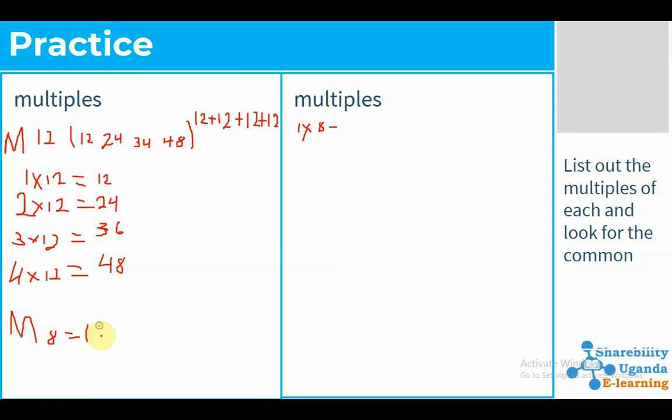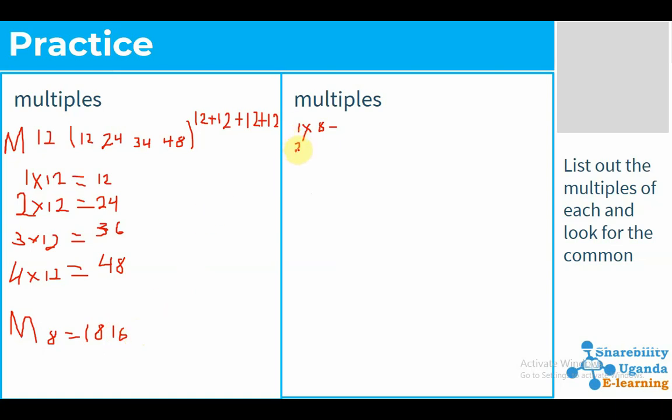So our 8 is a multiple. What is 2 times 8? Someone with an answer? We get 16.